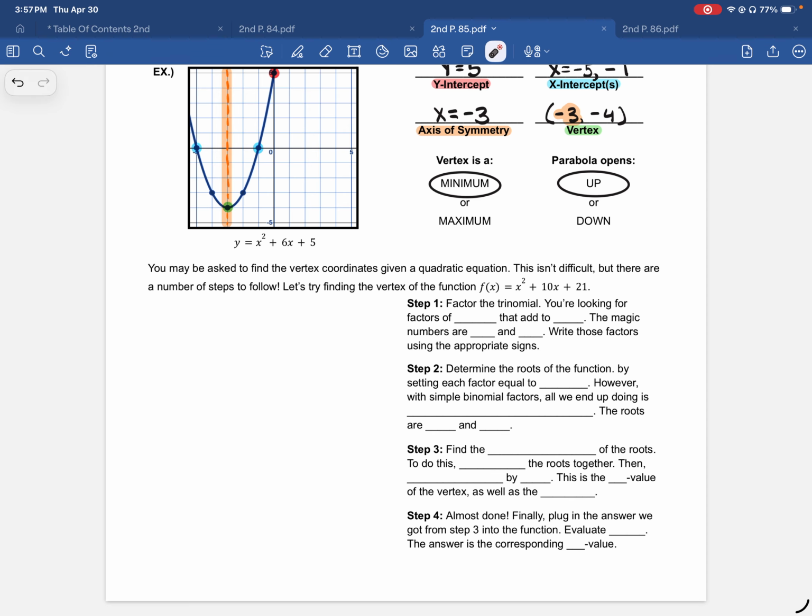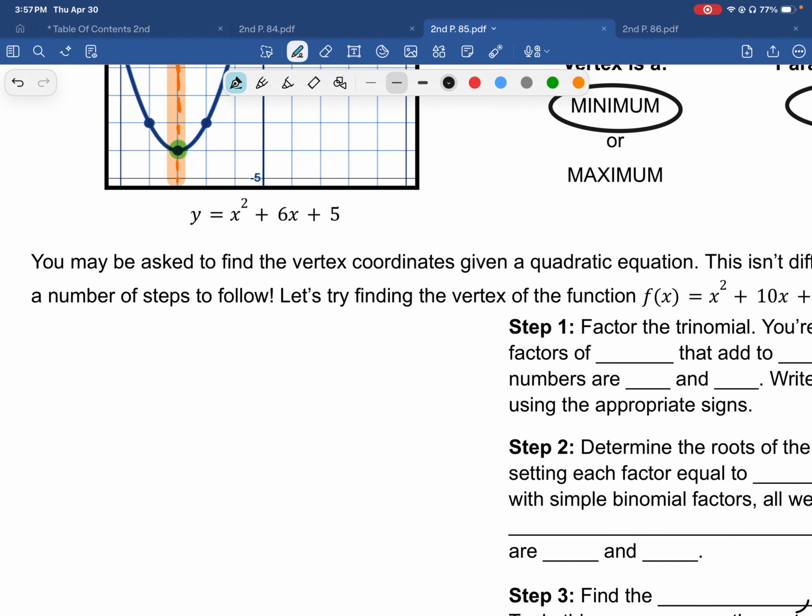So finally, you may be asked to find the vertex coordinates for a quadratic equation. It's not difficult, but there is a healthy bit of work that we've got to do. So let's try finding the vertex of f of x = x squared plus 10x plus 21. Step 1, we're going to factor it. So let me go ahead and write this over here.